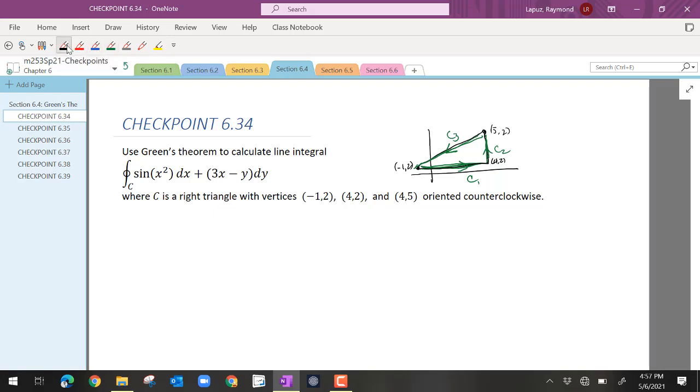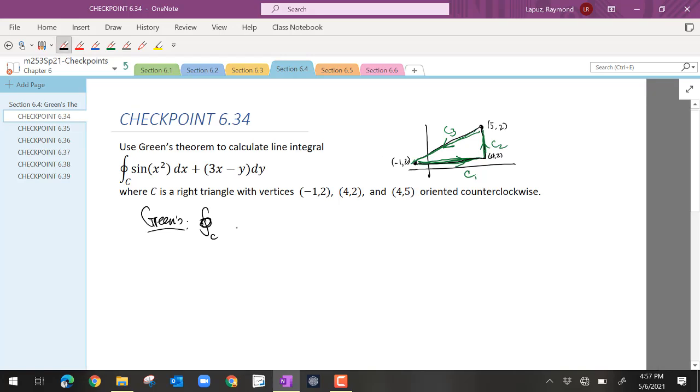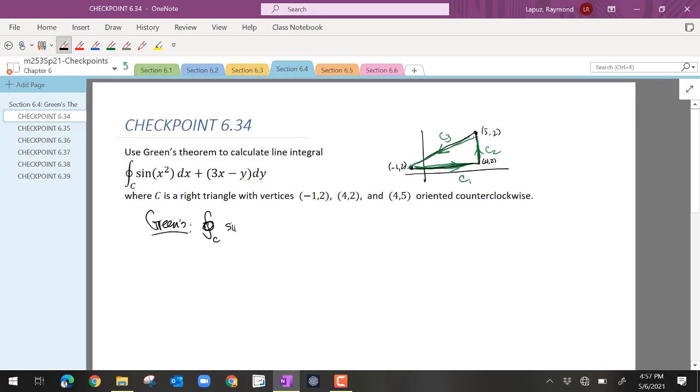Now, what is Green's theorem? Green's theorem tells us that we can replace this line integral, and notice that there's a loop in the integral sign, and that circle around the integral sign says that this is a closed curve. Let me do this generally.